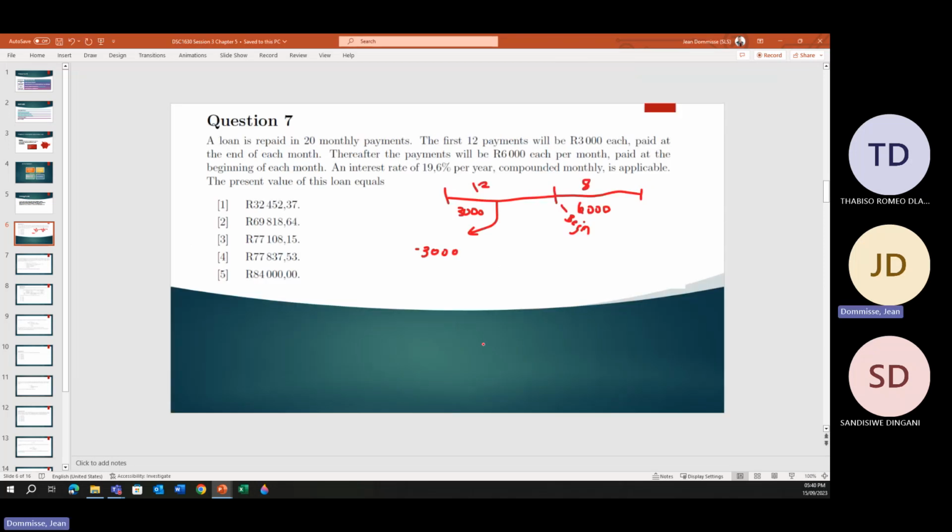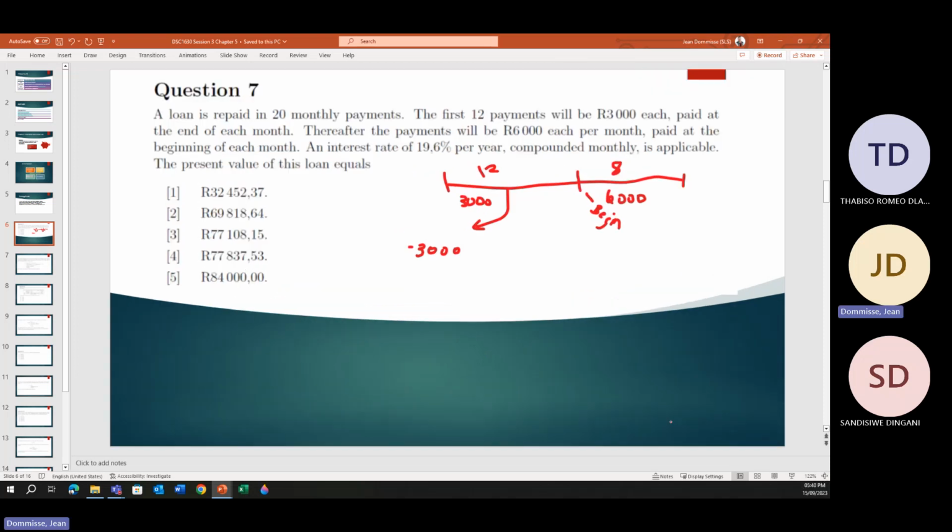So it is 3,000 Rand PMT, because they tell us that we have 3,000 Rand payments per month. We have that for 12 months, so your period is 12 months, at 19.6% interest.